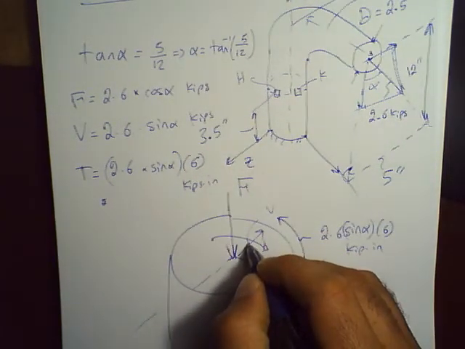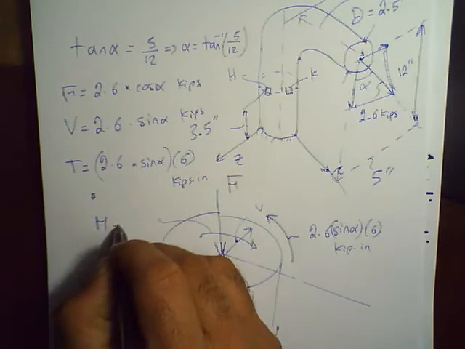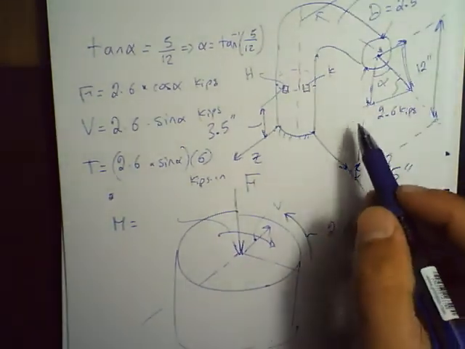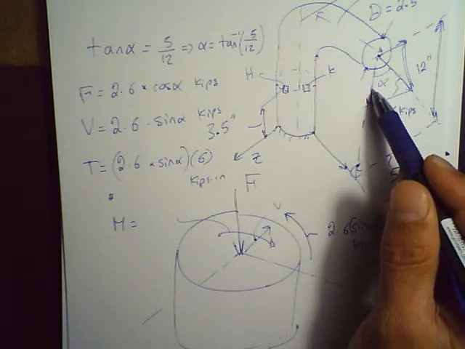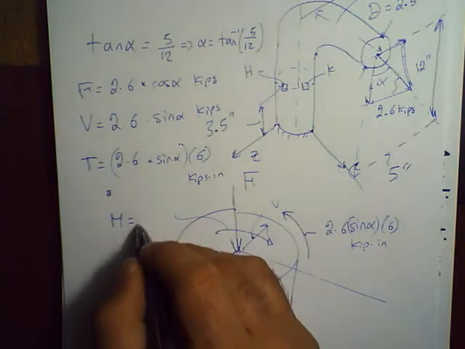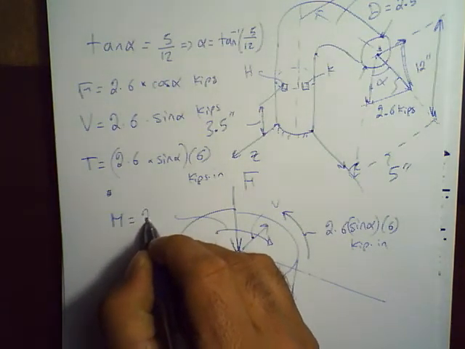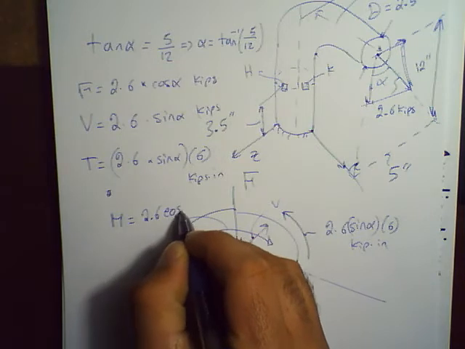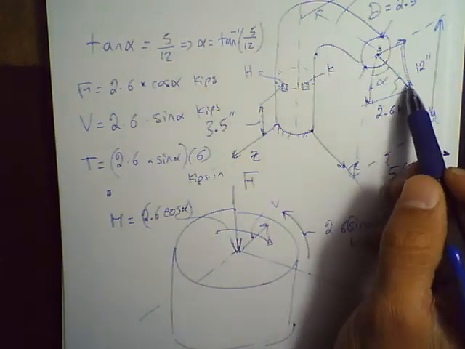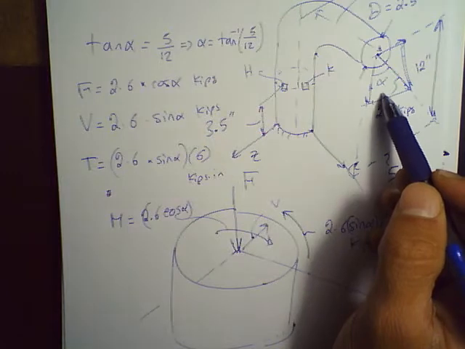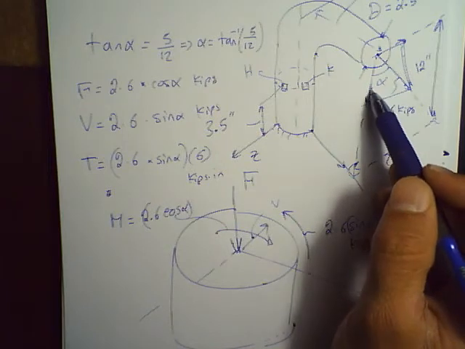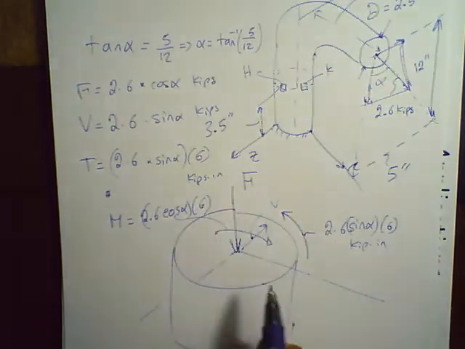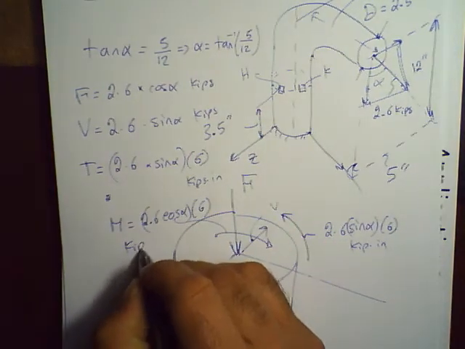So that is your V, and that is our moment, and the moment is going to be equal to this component of the force, which is equal to 2.6 cosine alpha, right? So we got this component, and then this guy is multiplied by 6 inches, and this is again in kips times inches.